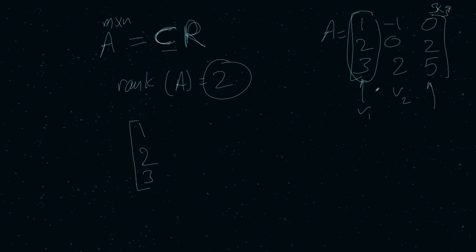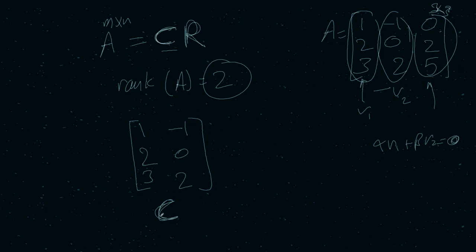Now I look at v2. v2 is independent, because it is not possible to find alpha times v1 plus beta times v2 giving 0 unless alpha and beta are both zero. That means the second is also independent: -1, 0, 2. Now, looking at this last one, I found that it is a linear combination of those two, so I stop here. Now this is the matrix C.